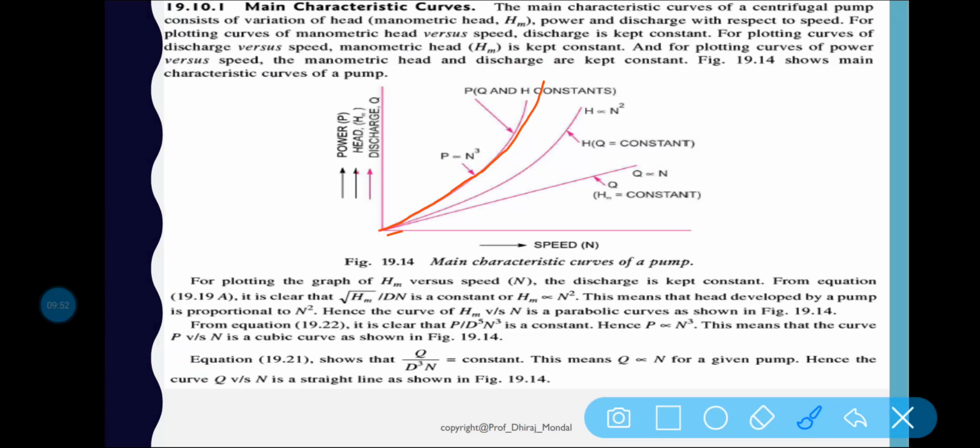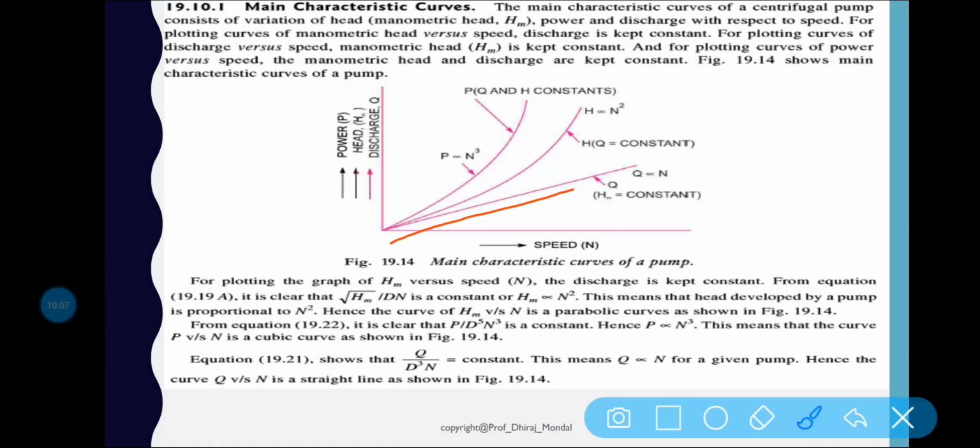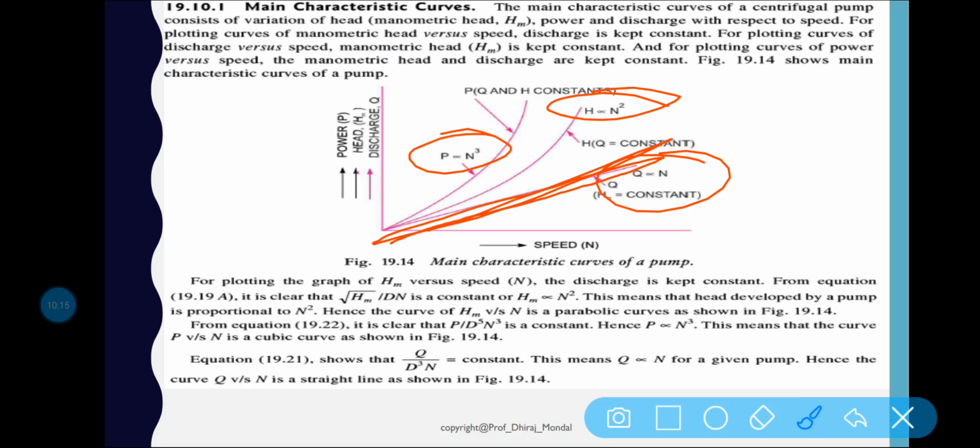If you increase the speed, head also increases, with discharge constant. Discharge is proportional to N, head H is proportional to N square, and power P is proportional to N cube. So this is the relation.